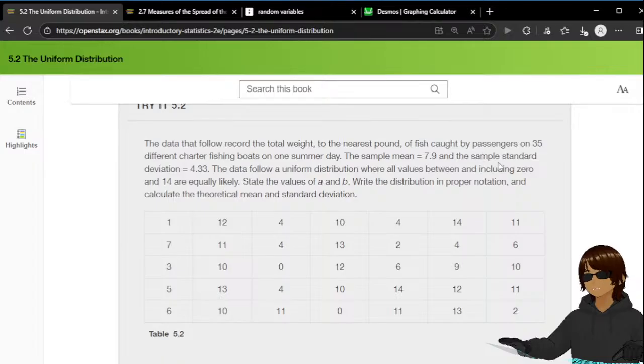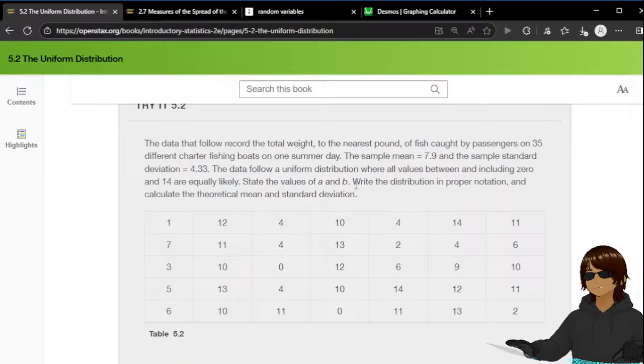The sample standard deviation is 4.33. The data follow a uniform distribution where all values between and including 0 and 14 are equally likely. State the values of a and b. Write the distribution in proper notation and calculate the theoretical mean and standard deviation.